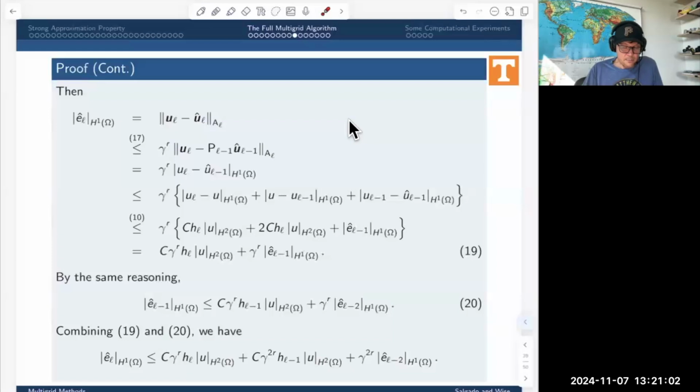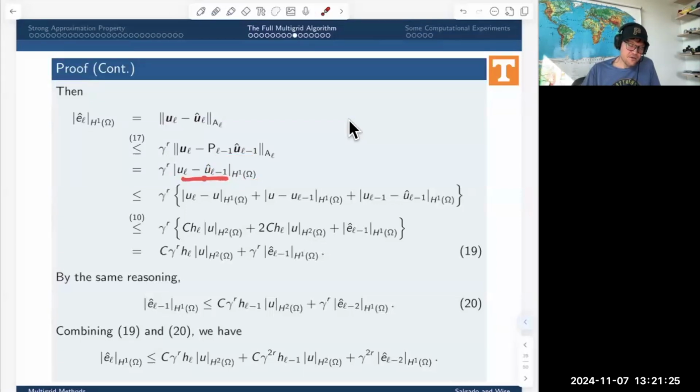You prolongate up from level L minus 1 to get the initial solution at level L. Okay, so keep that in mind. Now this, I argue, is just equal to gamma to the R. That stays the same. UL minus 1 hat in the H1 seminorm.